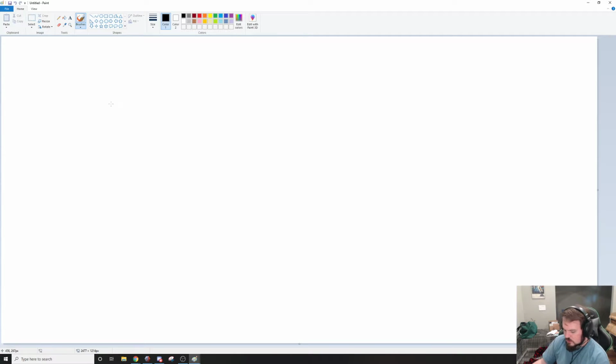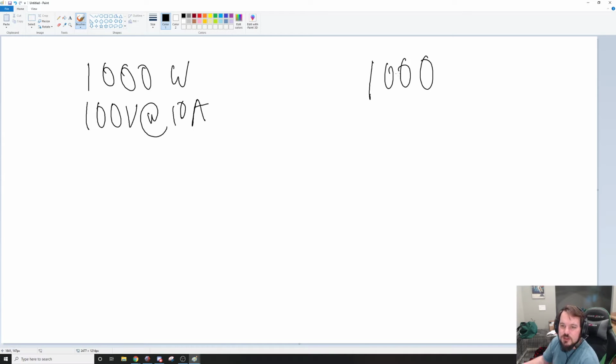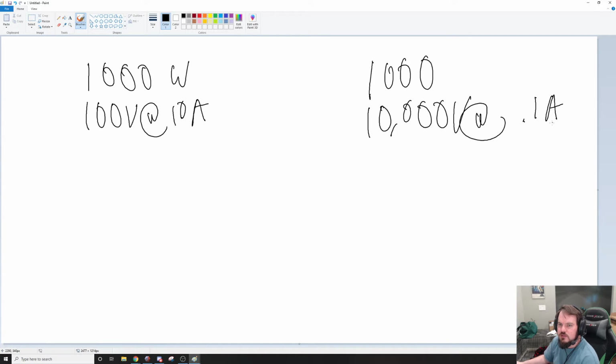just like our figures for current earlier, if you were trying to send 1,000 watts to a load, you could send 100 volts at 10 amps, or you could send 10,000 volts at 0.1 amps.